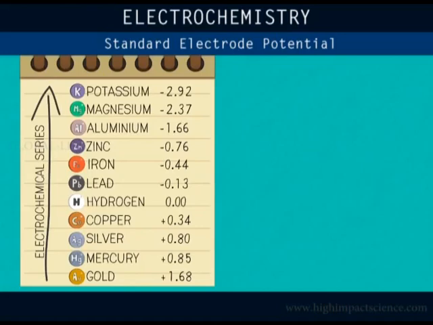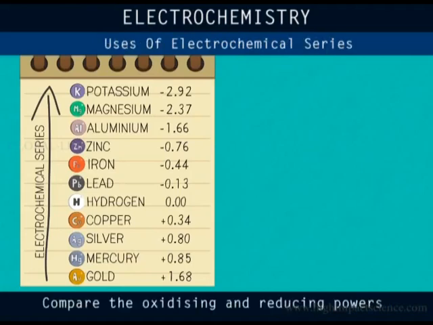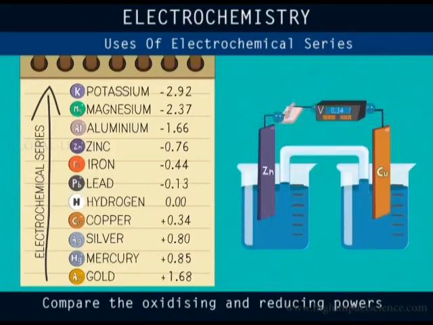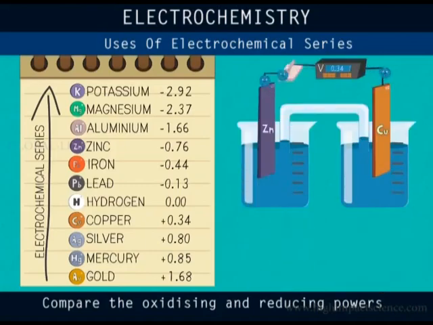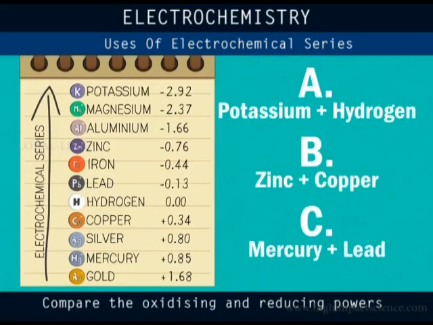The electrochemical series helps us to compare the oxidizing and reducing powers of substances. For example, using the electrochemical series, can you predict the direction that electrons will travel for the following pairs of half cells?